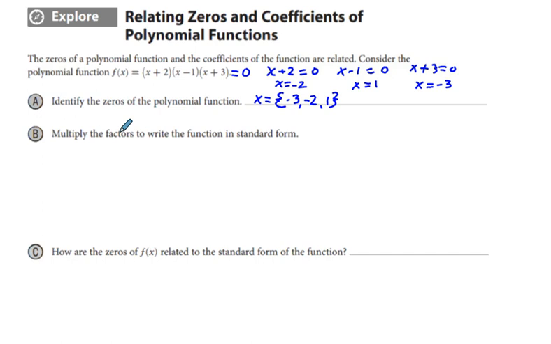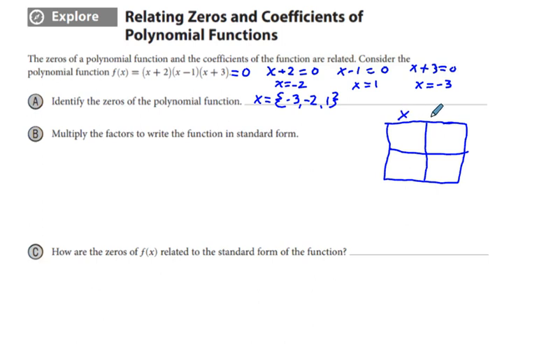Now part B, multiply the factors to write the function in standard form. To do that, we're going to multiply these together, and I'm going to do something we've done in class: set these up in a box. I'm going to multiply the first two together first.